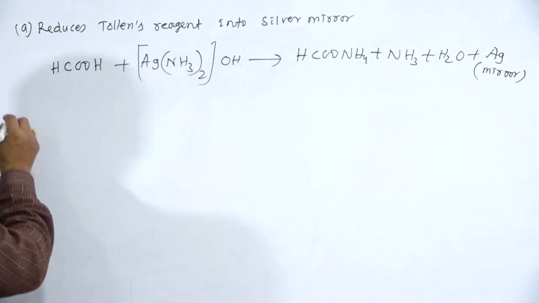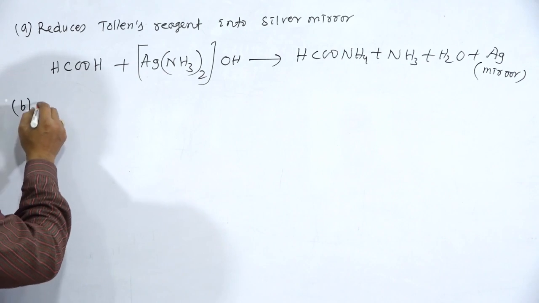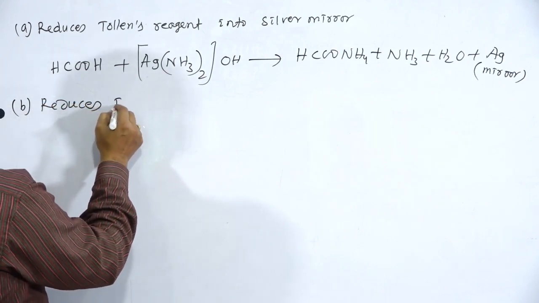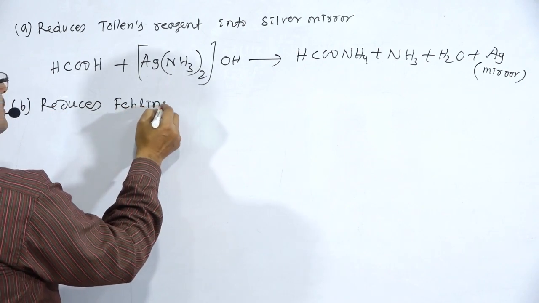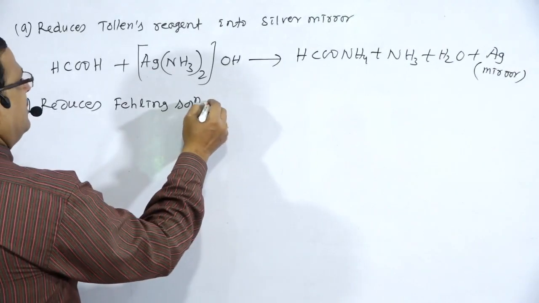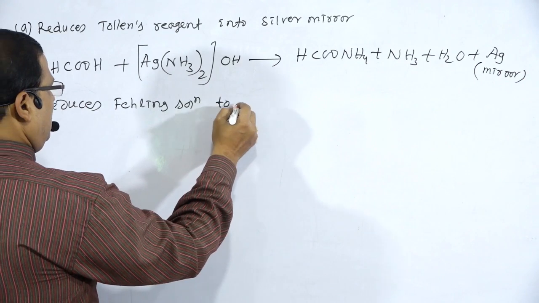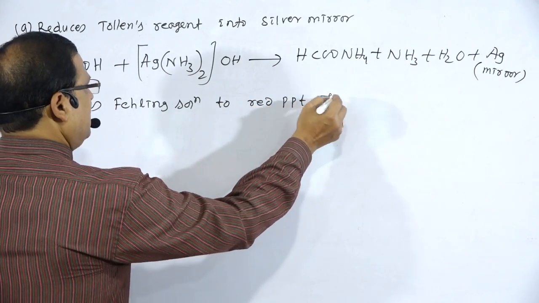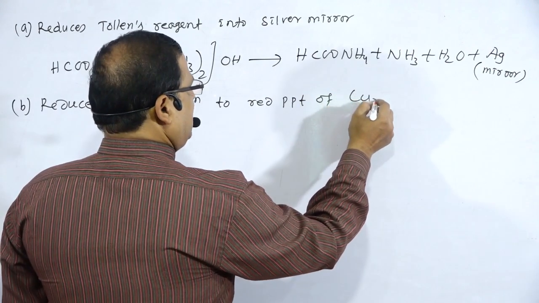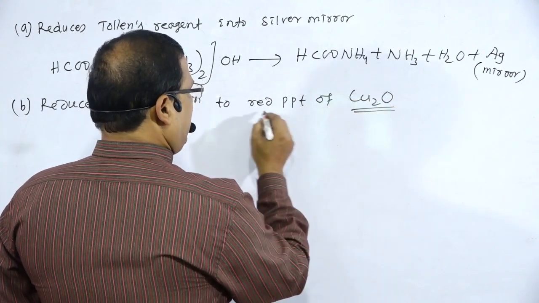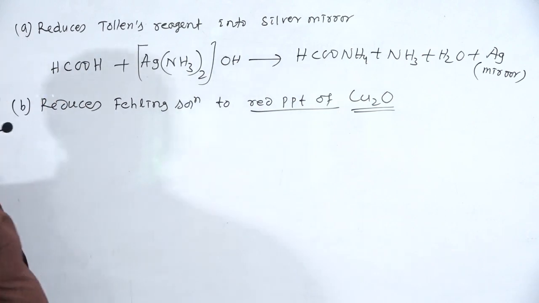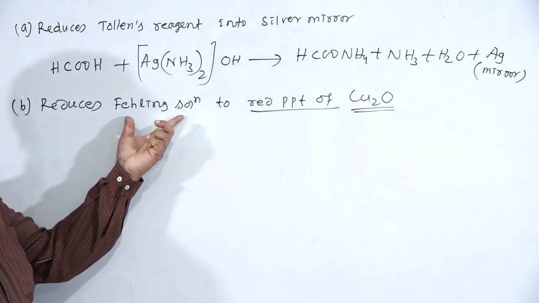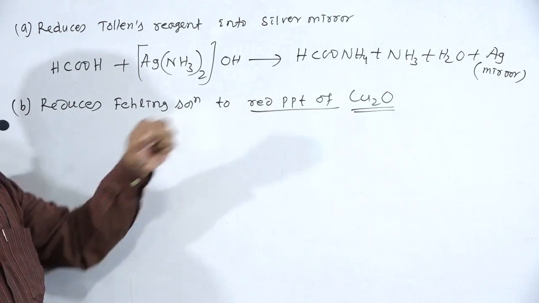In the same manner, it reduces Fehling solution to a red precipitate of cuprous oxide, Cu2O. There is the formation of a red precipitate of cuprous oxide. So formic acid reduces Fehling solution to form red precipitate of cuprous oxide.